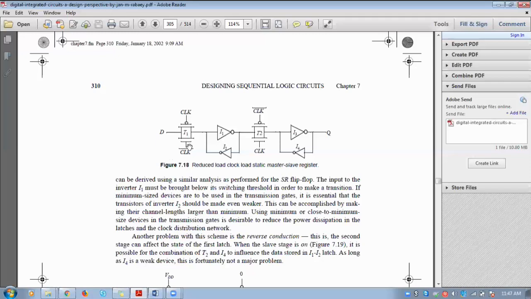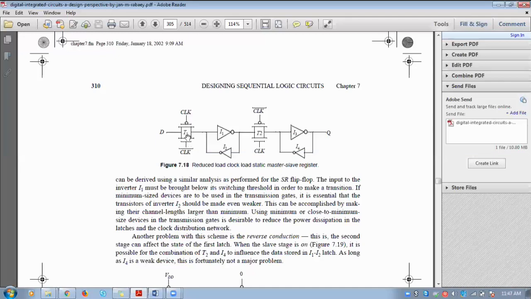So initially, when I'm applying clock equal to 1, clock bar will become 0. So we have to choose it the opposite way. Initially I am choosing clock equal to 0, based on the NMOS, right? So when clock equal to 0, this PMOS will be on. At that time, clock bar will become 1, and this NMOS will be on.